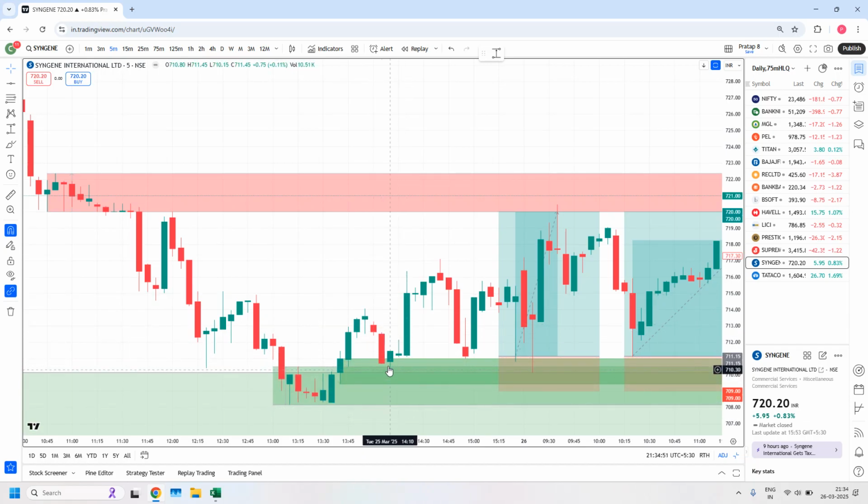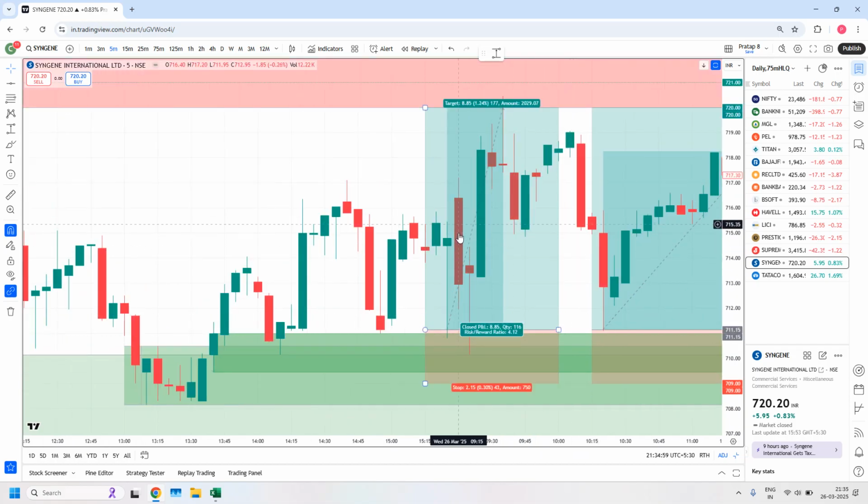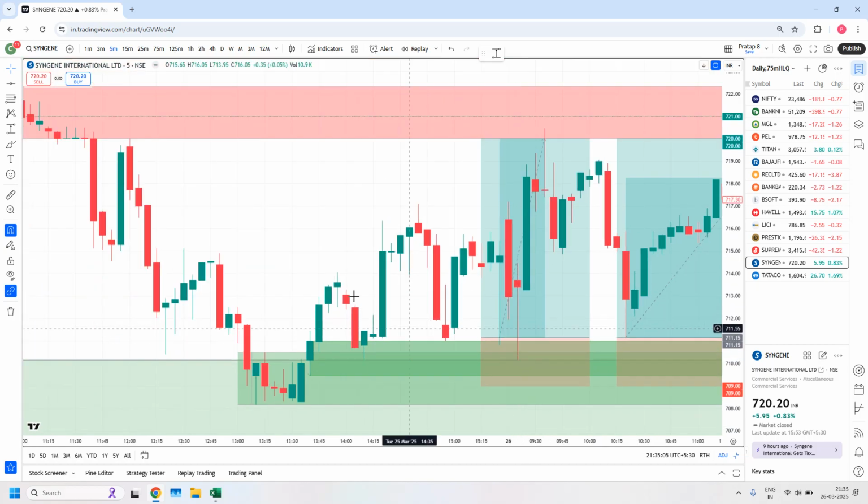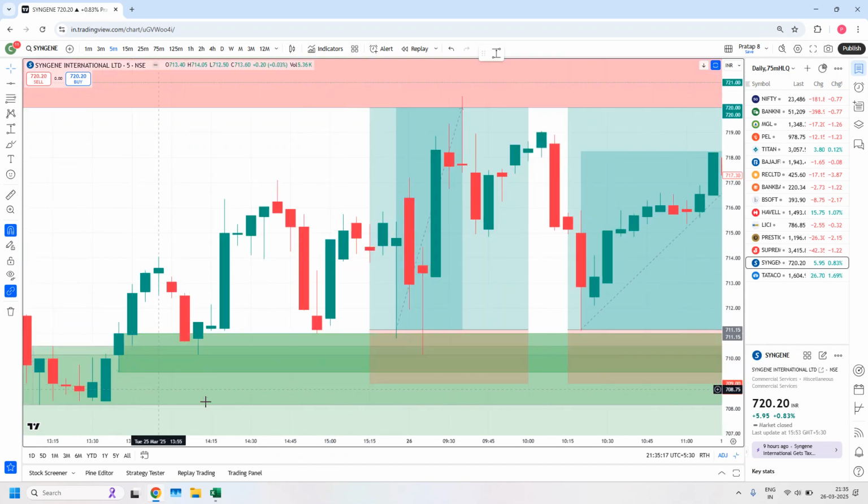It is tested, but a drop base rally. Again it is tested, a drop base rally. Today also it is looking like a drop base rally, but don't consider this as a base. This is a failed ERC. So this 5-minute zone is not only a fine-tuned zone, it is a high liquidity zone. Could be high liquidity. 80% scenarios we can guess. It could be high liquidity.